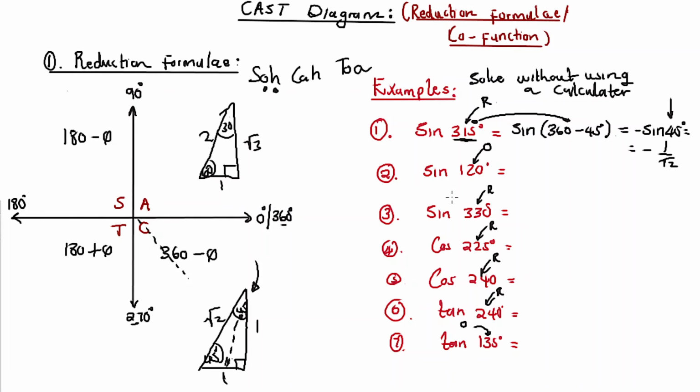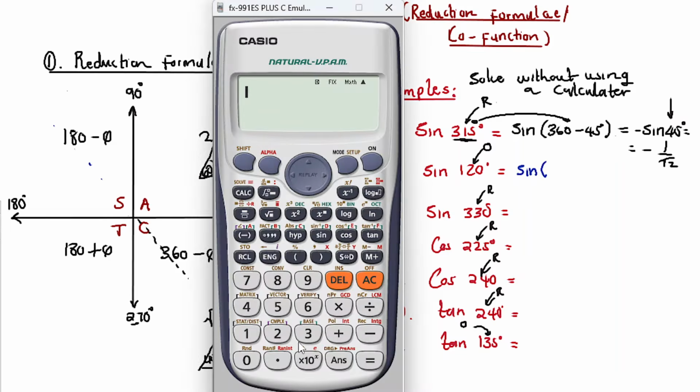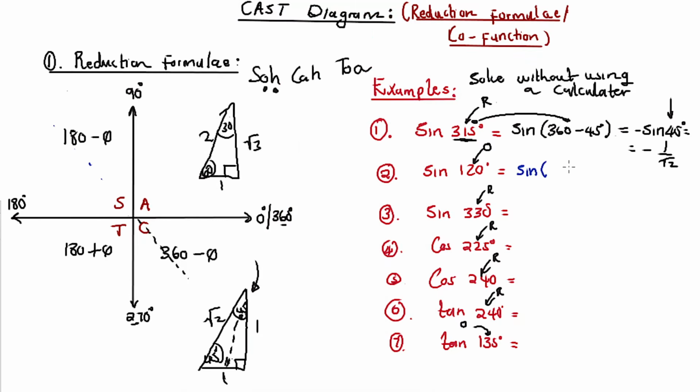Now for the second one. So for the second one, it's going to be sine, open bracket, 120. Where is it found? It's found in the second quadrant, because 120 is between 90 and 180. So I'm going to say 180 minus 120, then I'm going to get the theta. In this case, it's what? It's 60 degrees. So I'm going to write it as 180 minus 60 degrees.